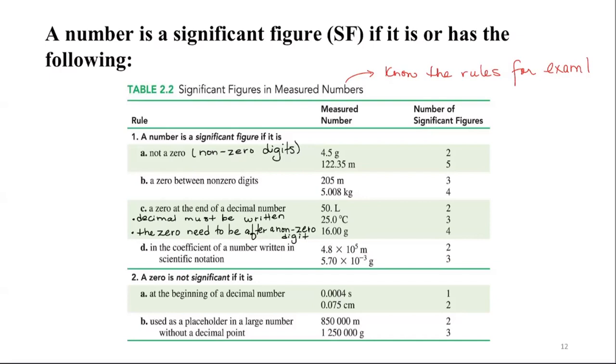All the zeros in rule 2A are before the non-zero digit. They're before the 4. So they don't carry meaning other than saying, this is a very small number. So that's why in the measurement 0.0004, there's only 1 sig fig.